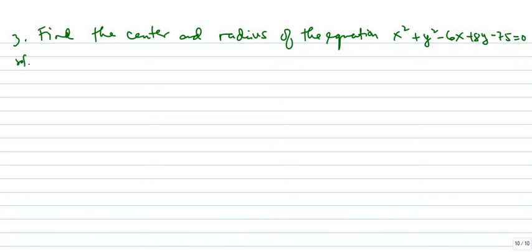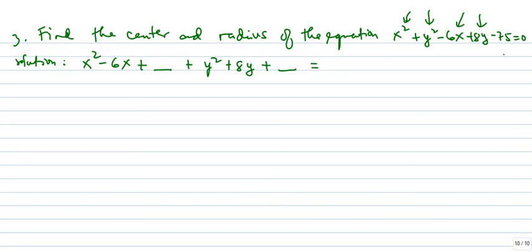Now, to solve this problem, we have here our solution. We will combine all variables with x. So, we have here x squared, and then we also have here minus 6x plus a certain value here. Okay, plus we have y squared, and then plus 8y plus a certain value here, which is equivalent to this negative 75 will be transferred to the other side. That becomes 75.